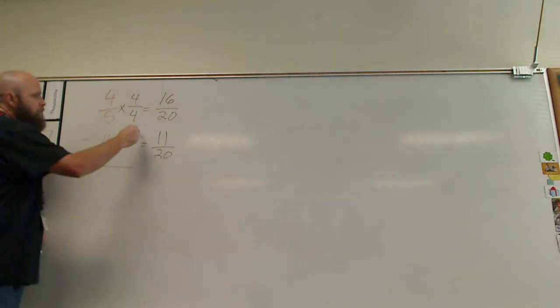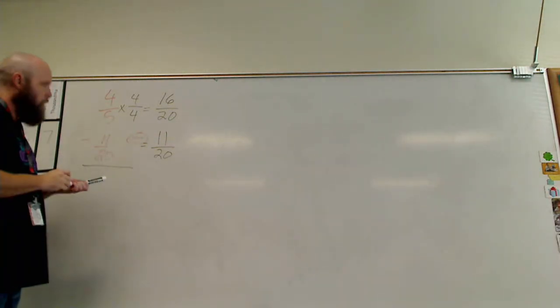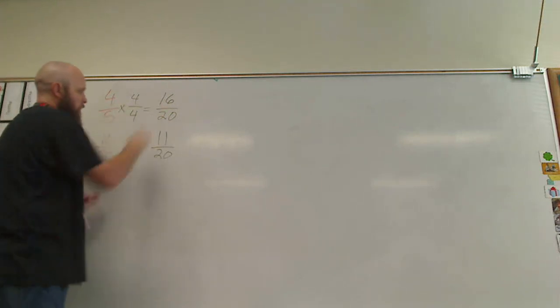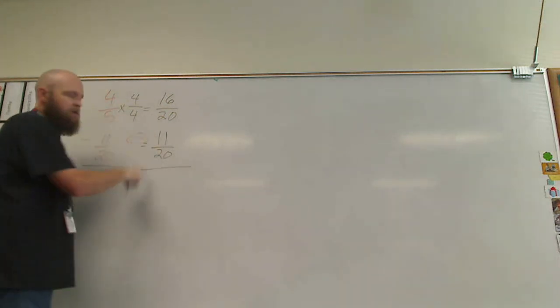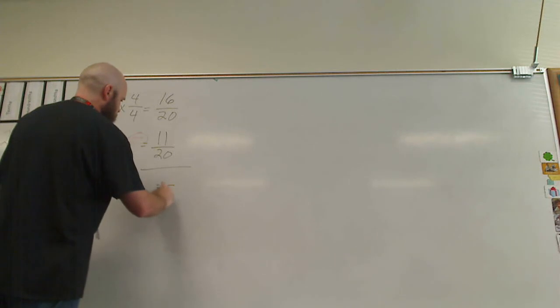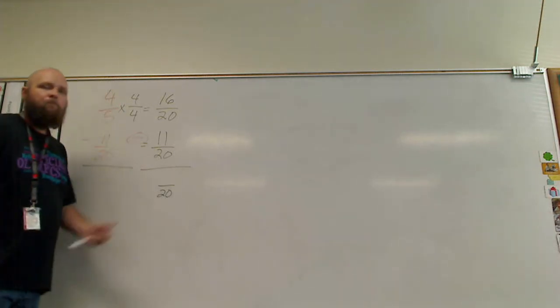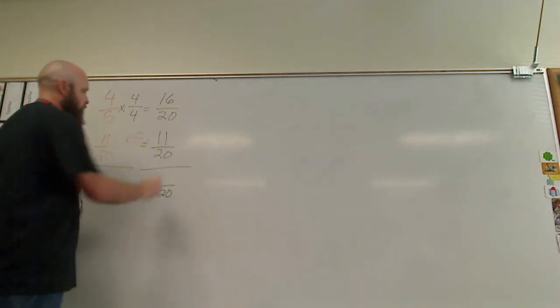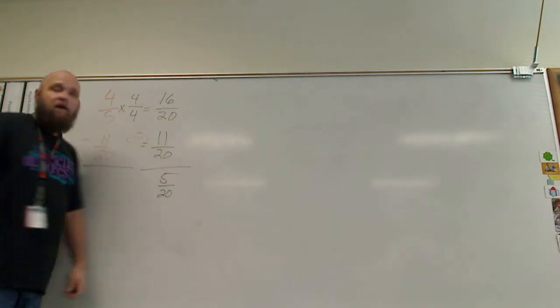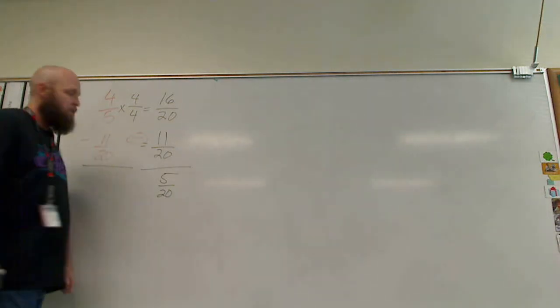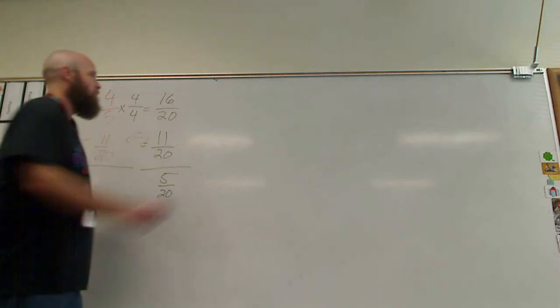I make sure I know that this is a subtraction problem. Then I have 16/20, subtract 11/20. My denominator stays the same. 16 minus 11 is 5. Now we have to simplify this. Or we have to see if it can be simplified.